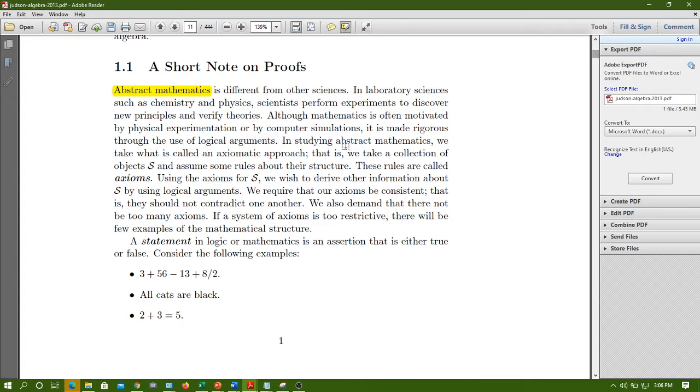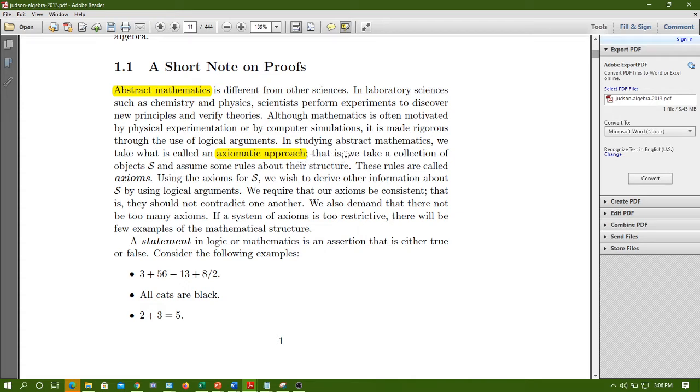In studying abstract mathematics, we take what is called an axiomatic approach. So, we will use axiomatic approach, not the laboratory experiments or discoveries that we do in laboratory sciences, but we will approach it with logical arguments, axiomatic approach.